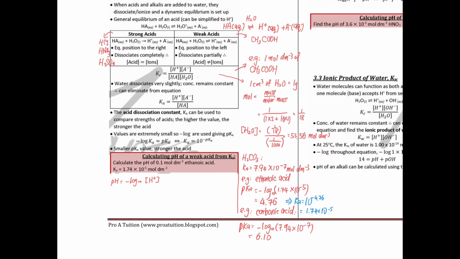The first version is here, where you put H2O, and then by right, this one is supposed to become H3O positive. You put H2O here, here becomes H3O positive. The second option is you put the H2O up here, then it becomes H plus. So I'm going to write the second version. I put H2O on top.